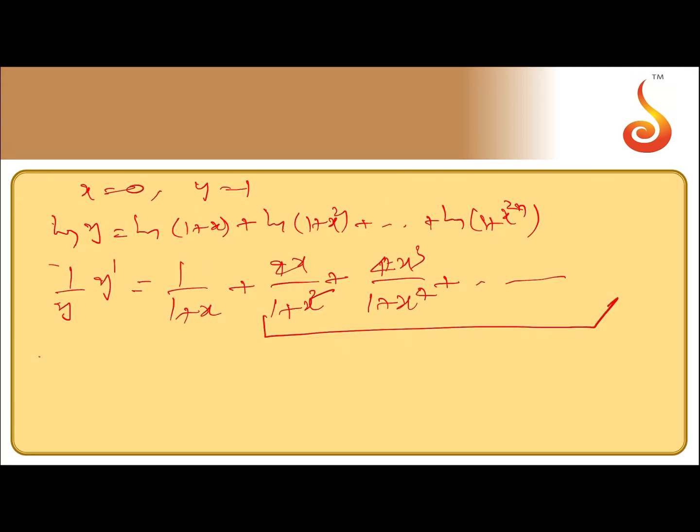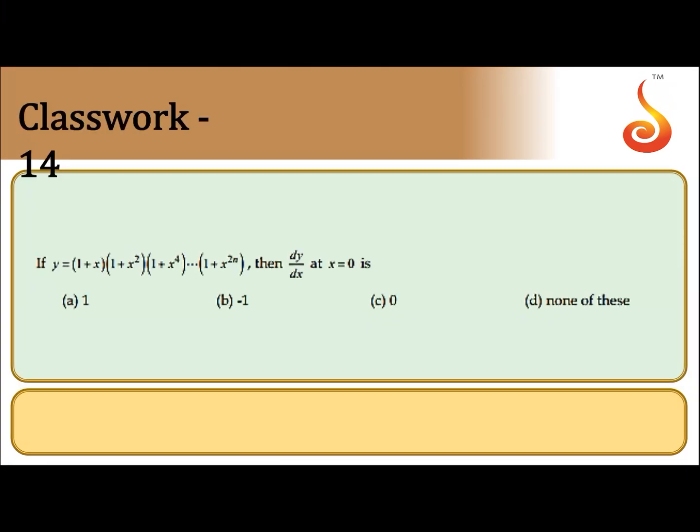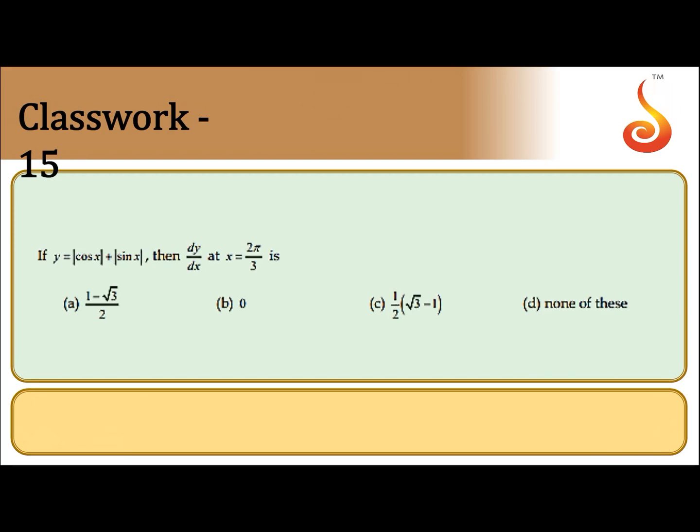In every other term, x is existing. So therefore, when you substitute x equals 0, all the terms will become 0, except the first, which is 1. And y value is equal to 1, so y dash is equal to 1. Therefore, the derivative of this function is equal to 1 when x equals 0.